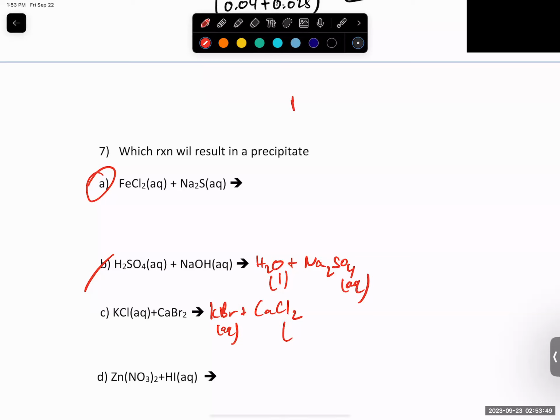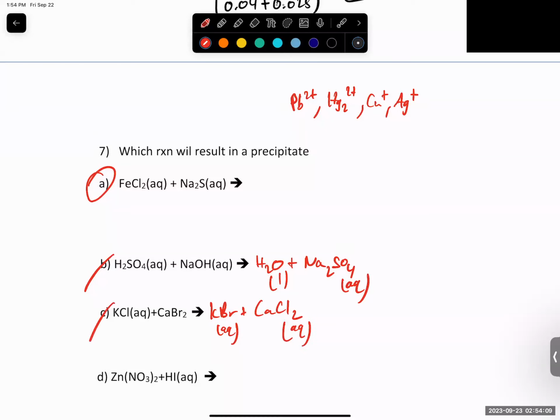So it'd be lead 2+, Pb 2+, Hg 2+, copper +1, and silver +1 as well. So these are all your exceptions for halogens. And this one's also aqueous, so we can cross that off.